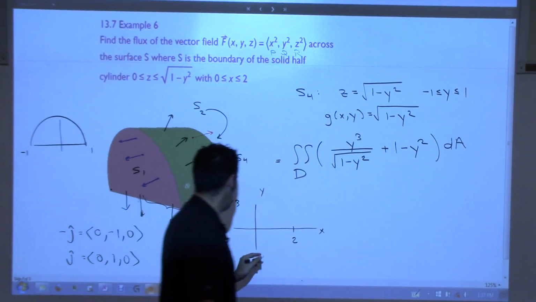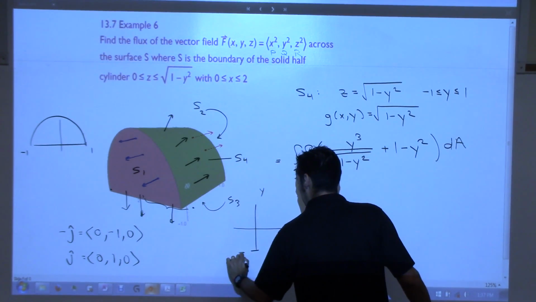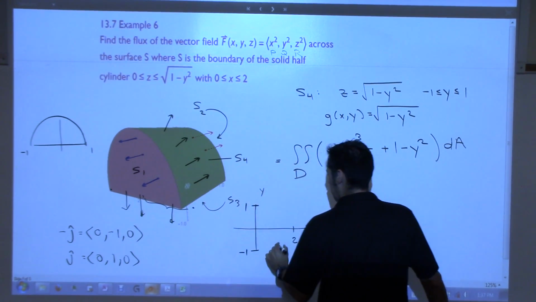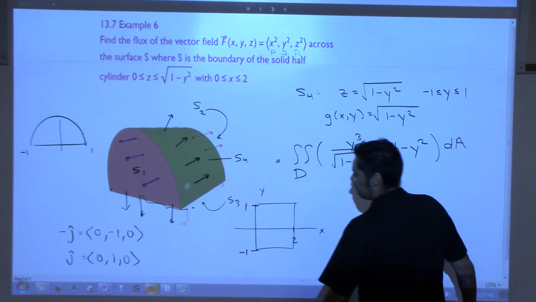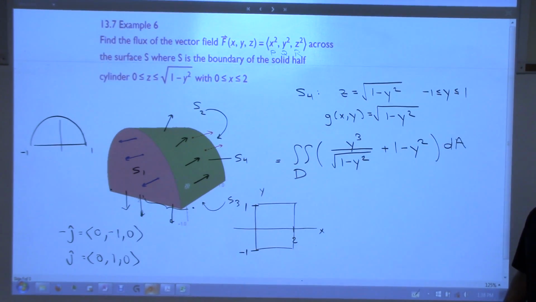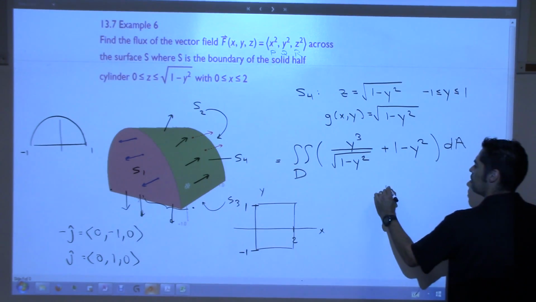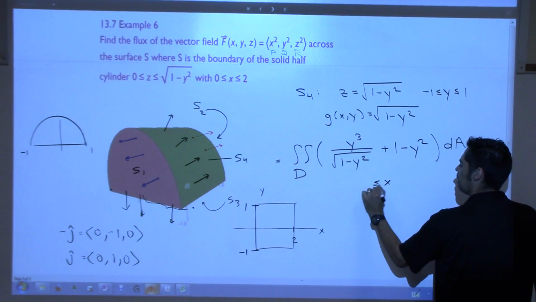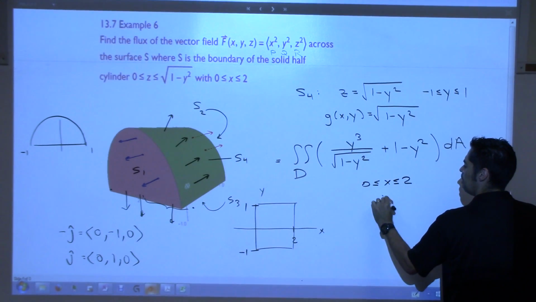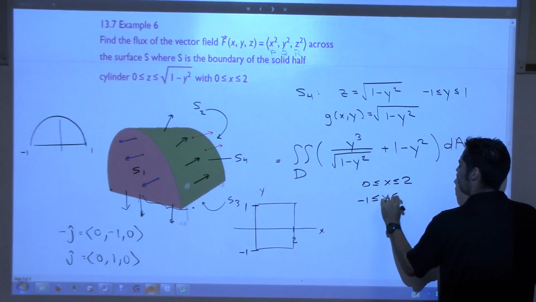So negative 1, 1. So my restrictions are x is between 0 and 2, y is between negative 1 and 1.